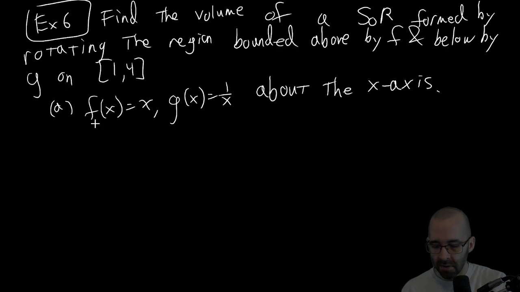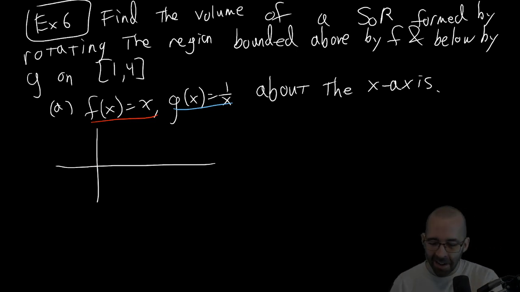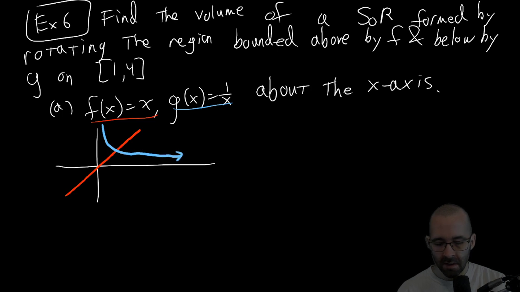So let's get a picture. So you have the function, I need to color code these. Let's look at the function f of x equals x. Oh, already got the color coding wrong. f of x equals x. g of x equals 1 over x.